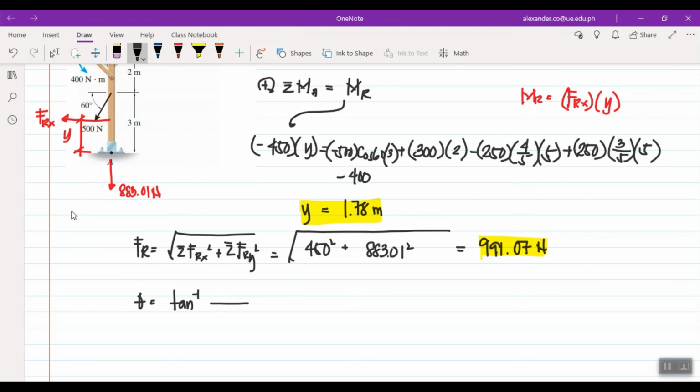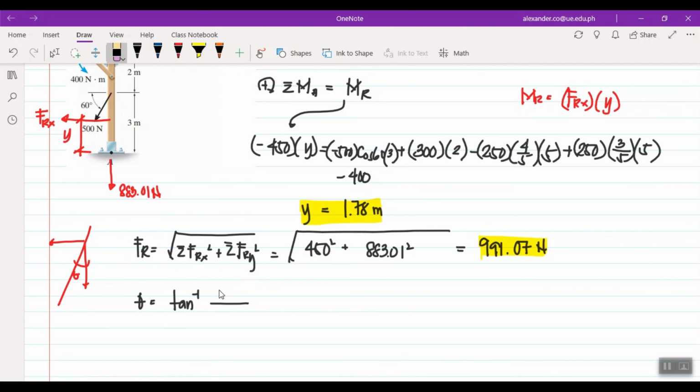Kung opposite, dito, drawing ko na nga ulit. So, ito yan. Ito yung F sub x, ito yung F sub y. Kung dito tinatanong with respect, kunyari yan, ha? So, opposite, F sub y over F sub x.